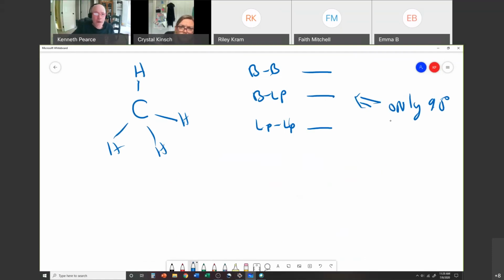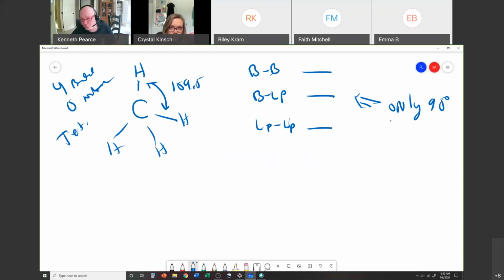Only 90s. But what do we have here? Well, this is 4 bonded, 0 non-bonded. So this thing is tetrahedral, which means these bond angles are 109.5. All of them. 0 bonded, bonded, because none of them are 90. It has to be 90 degrees for it to be the bonded-bonded interaction. Bonded lone pairs, no lone pairs, so it's 0, 0 all the way down.